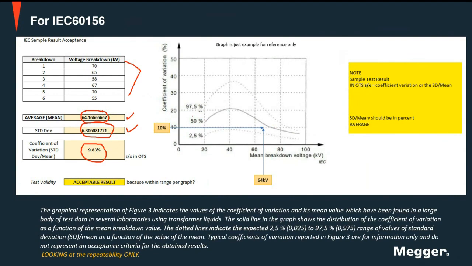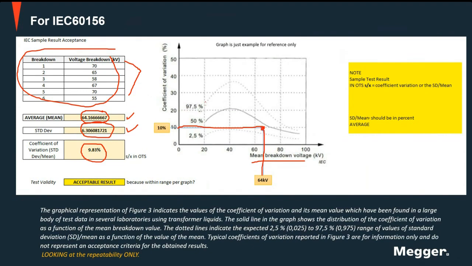So in this example here, if for example we got this graph for this test, then we need to find the value of the coefficient of variation and the mean breakdown voltage. So remember, our mean breakdown voltage is 64 kV, so it falls under this line here, right? And our coefficient of variation, which is around 10%, then it falls under here. So meaning to say you have this point here.